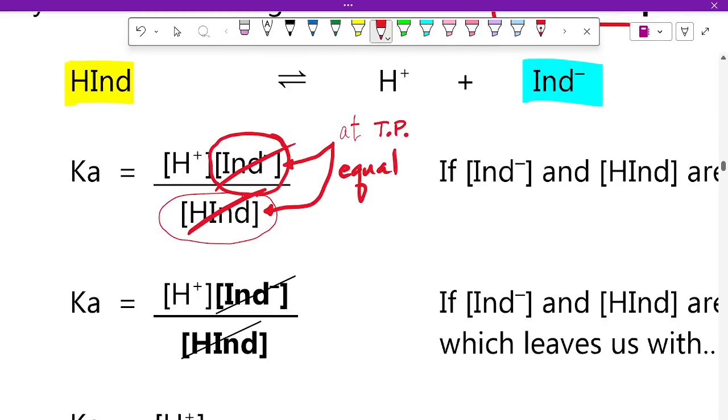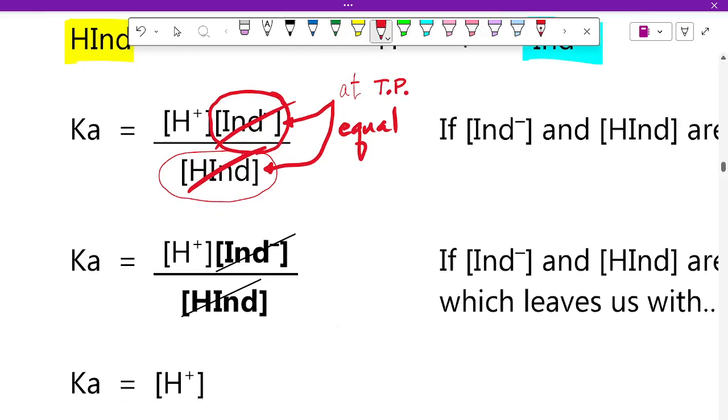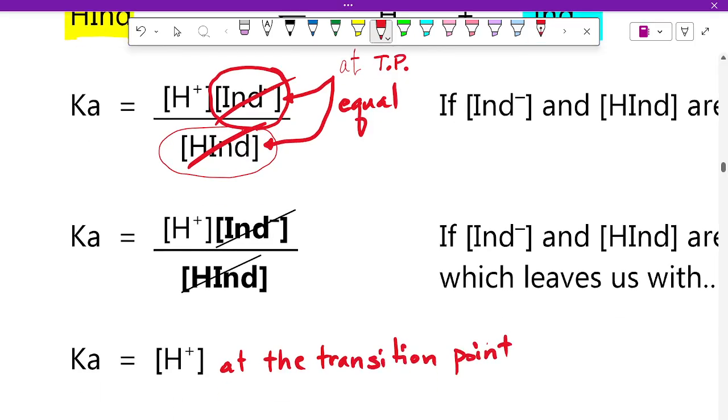Ka is equal to H plus, not any old H plus, but H plus at the transition point. And because that is a lot of words to write, you can say Ka is equal to concentration of H plus, and then you can just write TP down at the bottom. That means, if you know the hydrogen ion concentration, you know the Ka.